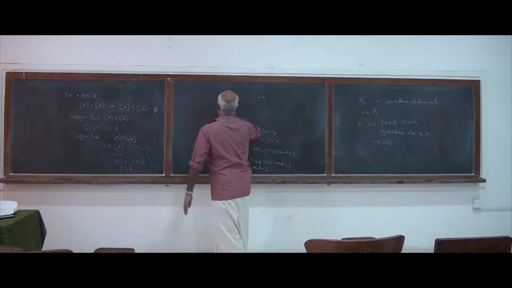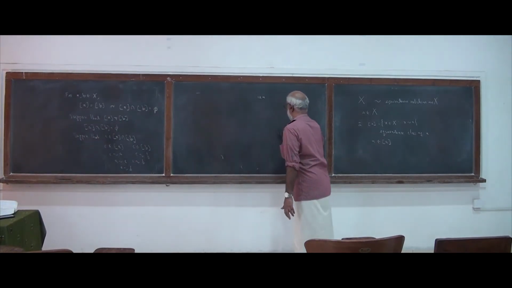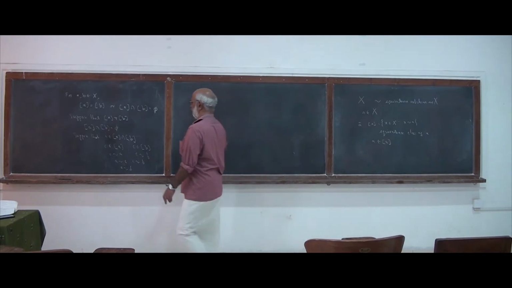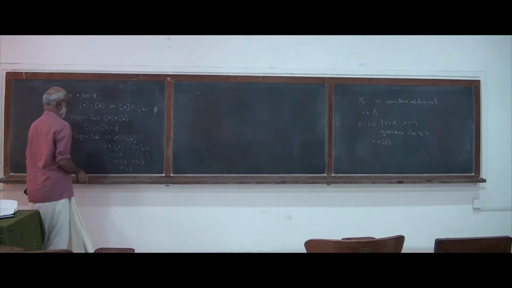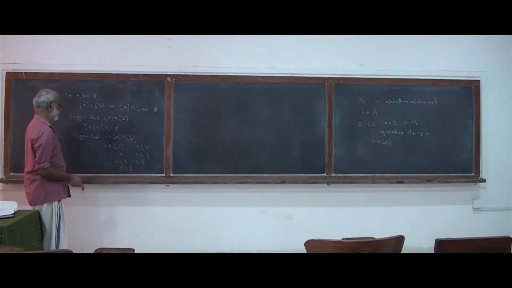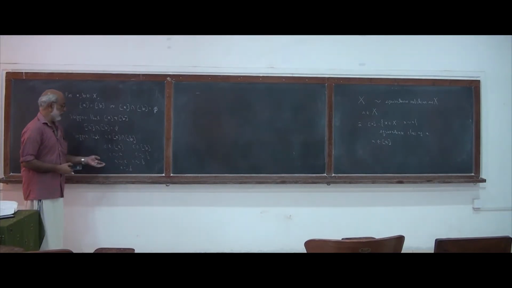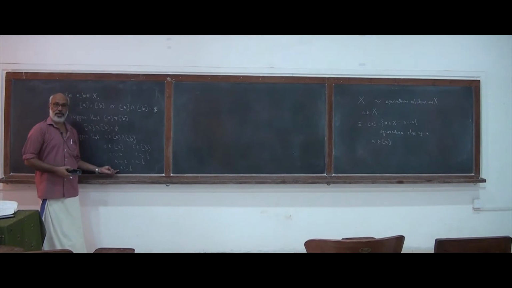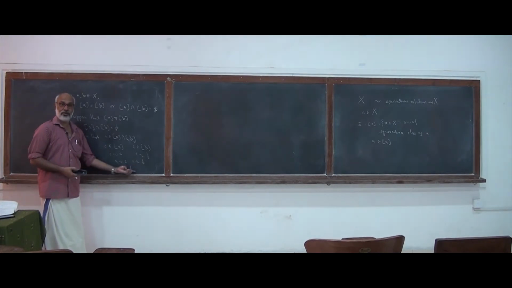Now if A is related to B, what happens? If A is related to B, then every element related to A will be related to B also by transitivity.